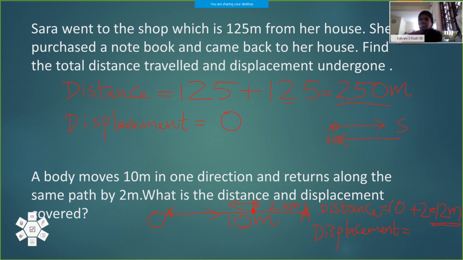So 10 minus 2, 8 meter is the displacement, because started from O, reached A, then back to B. So what is this difference? This is only 8 meter.